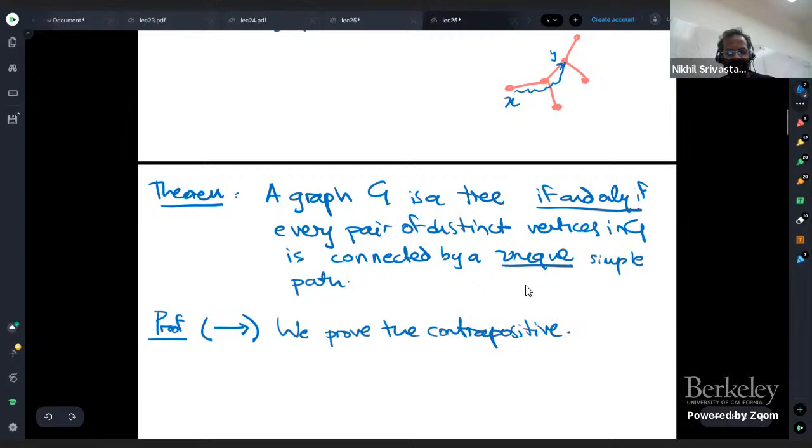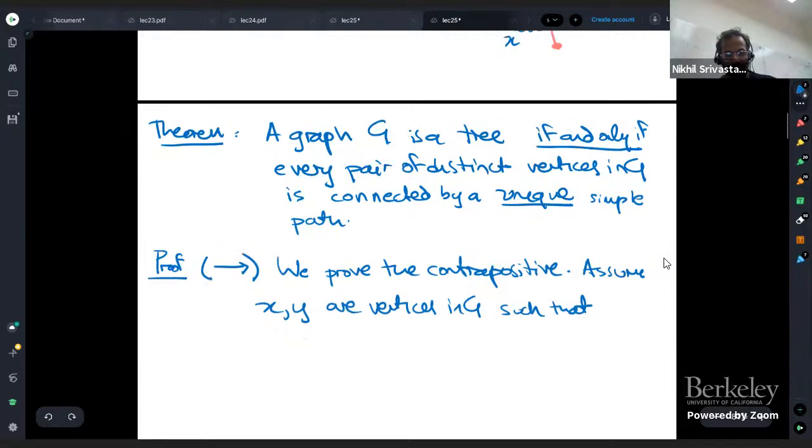So contrapositive means you assume that there's some pair of distinct vertices that's not connected by a unique path. Okay, so assume X and Y are vertices in G such that, well, there are two possibilities.